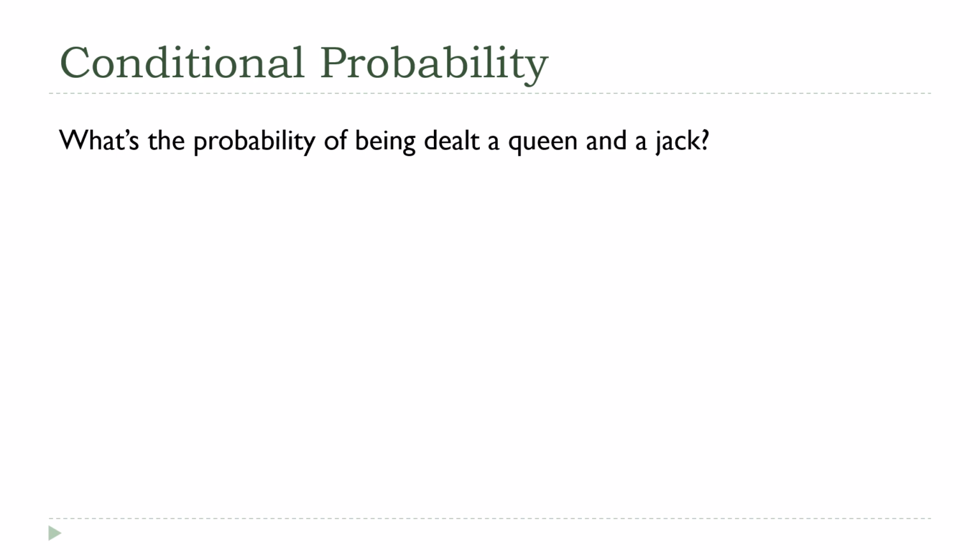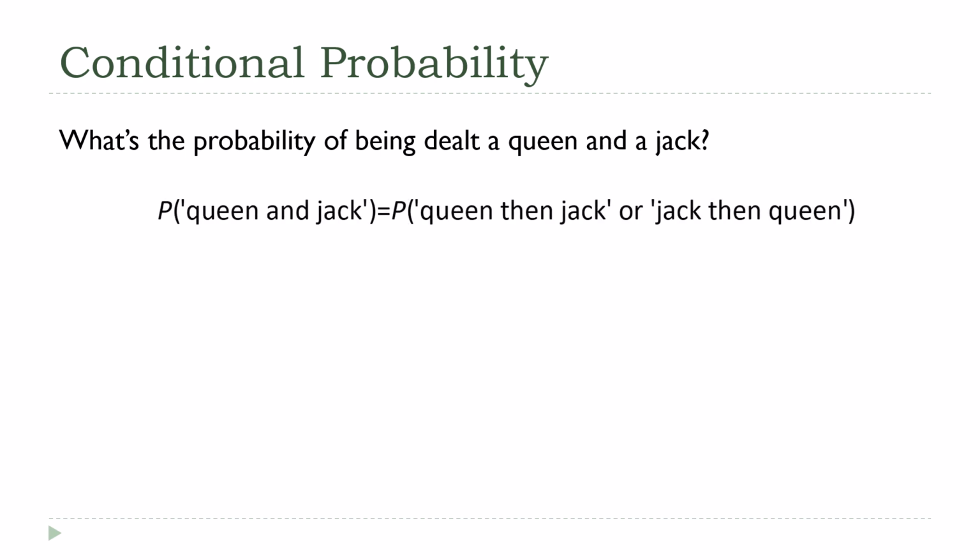Okay, so now let's take a look at the general question. What's the probability of being dealt a queen and a jack? I've removed any consideration about order, which is really what you care about when you're actually being dealt a card hand. Let's take a look. We want the probability of a queen and a jack. We can split this up into 2 disjoint events. Either you get the queen, then the jack, or the jack, then the queen.